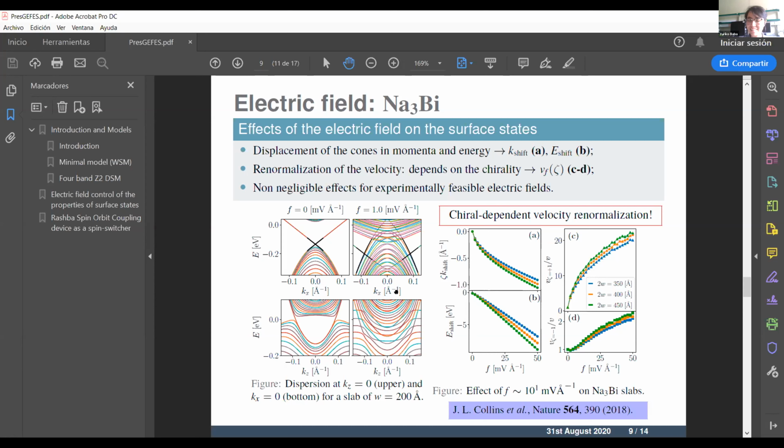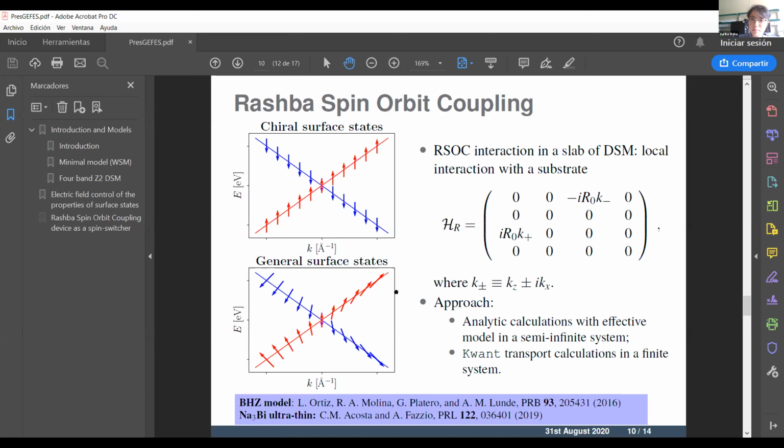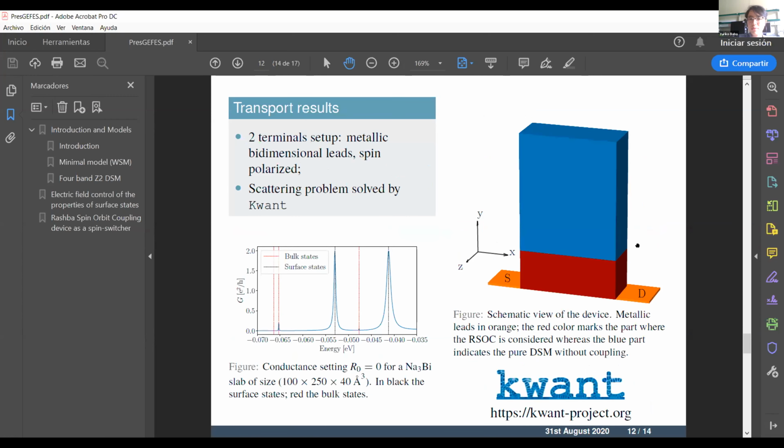Sorry, Yuriko, I had a question myself as well. Is it possible to use your system or your packages to compute different spin-orbit interactions, like instead of Rashba, Edelstein, or any other kind of spin-orbit interaction? Sorry, I didn't get the question completely. You mean if we can use, for example, this to compute spin-orbit coupling? Yes, materials with not only Rashba spin-orbit interaction, but any kind of spin-orbit interaction.